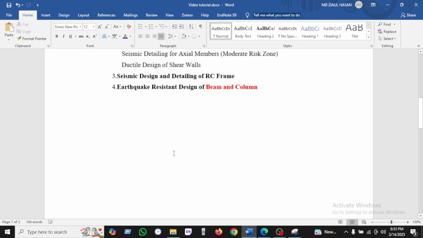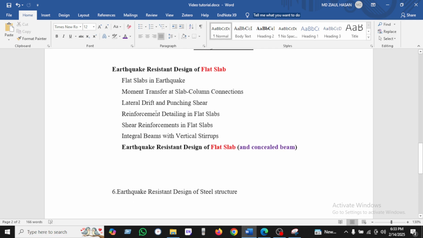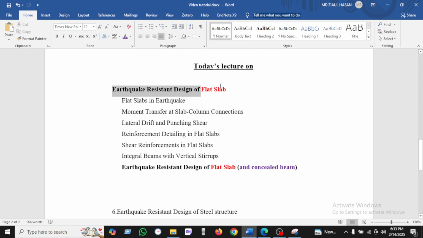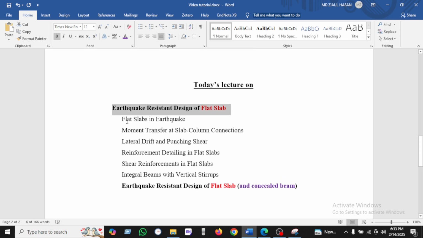Today I'm going to deliver a lecture on earthquake resistance design of flat slab. First of all, I will discuss the flat slab on earthquake, then moment transfer of slab column connection, then lateral drift and punching shear, then reinforcement detailing in flat slab, then shear reinforcement in flat slab, and then integral beam with vertical stirrup, and the last one in earthquake resistance design of flat slab is concealed beam.